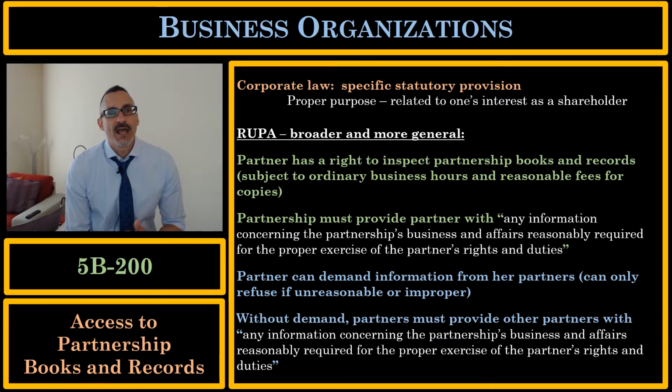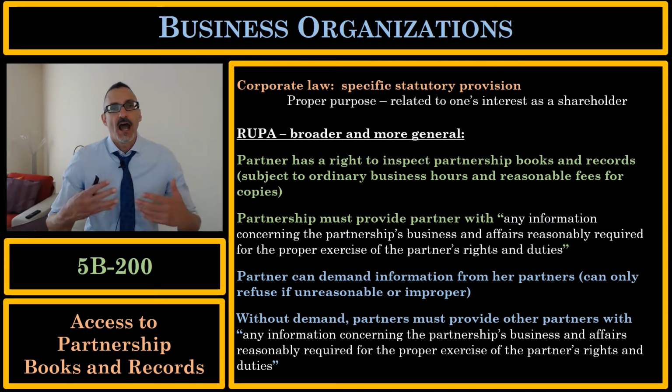If I am exercising my rights and duties as a partner, the partnership and my other partners have an affirmative duty to give me the information that I need to properly exercise my rights and duties, even if I don't ask for it. And naturally, I would have the same obligation to my co-partners.